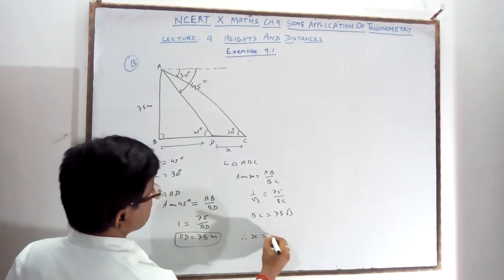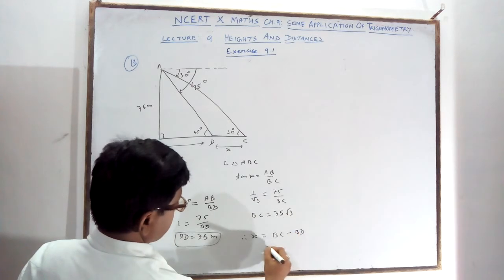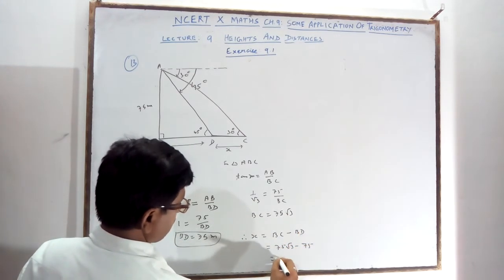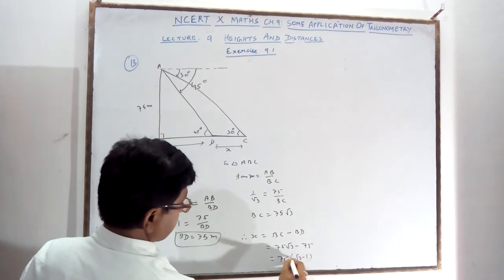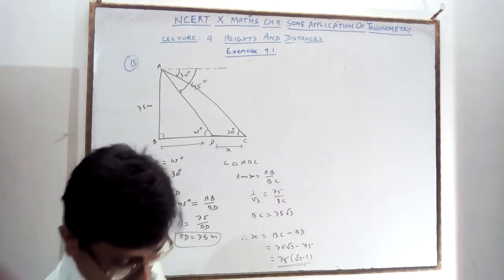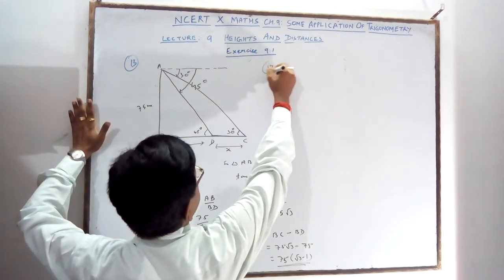Therefore X, which is equal to BC minus BD, is 75 root 3 minus 75, you are getting 75 times (root 3 minus 1). It is the distance between both the ships.